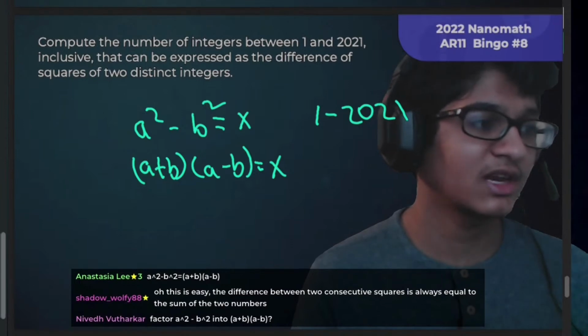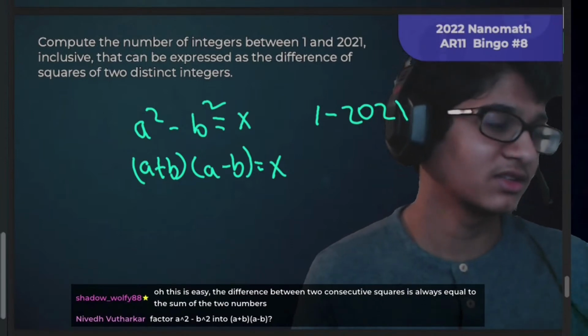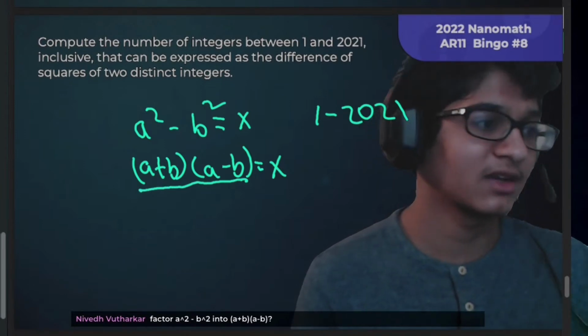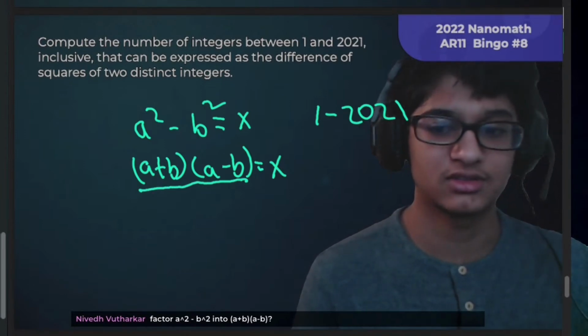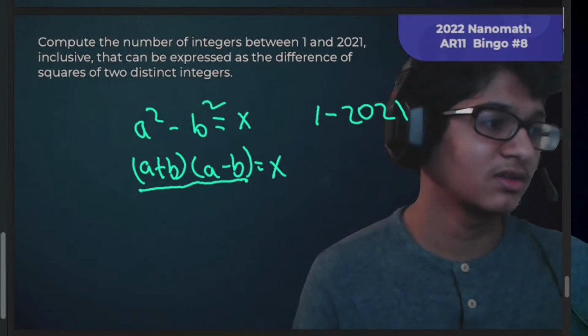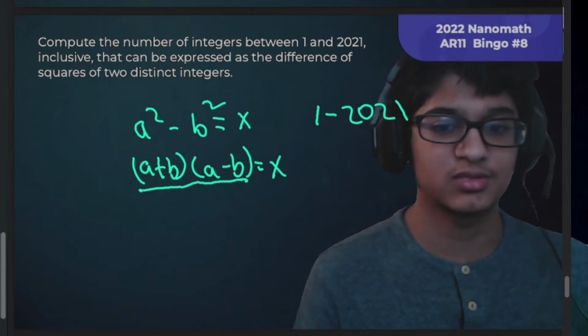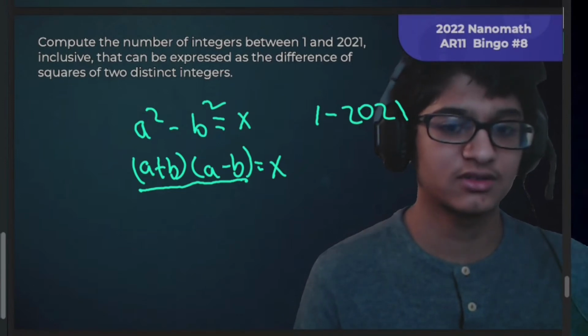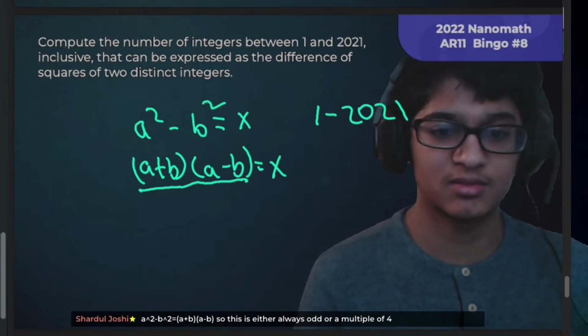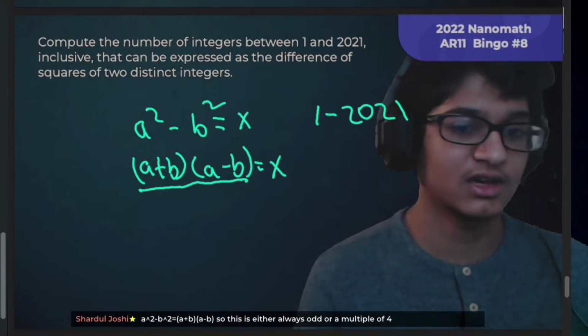Well, we know that any number that can be written as a plus b times a minus b is automatically good. As long as the number can be split into 2 factors, and there's a solution for a plus b times a minus b, then yeah, it works.